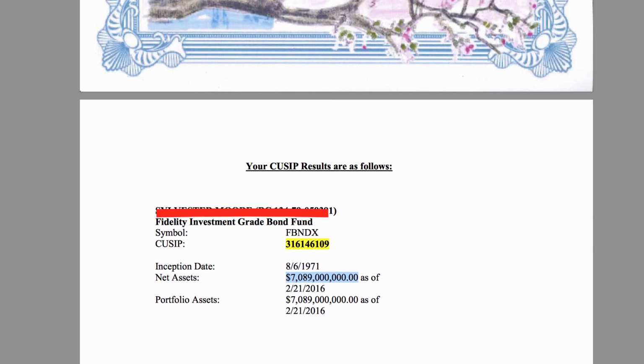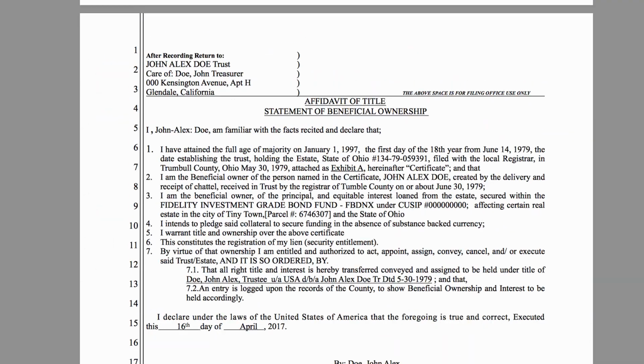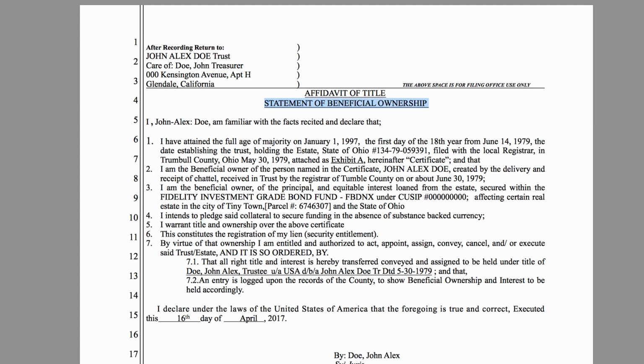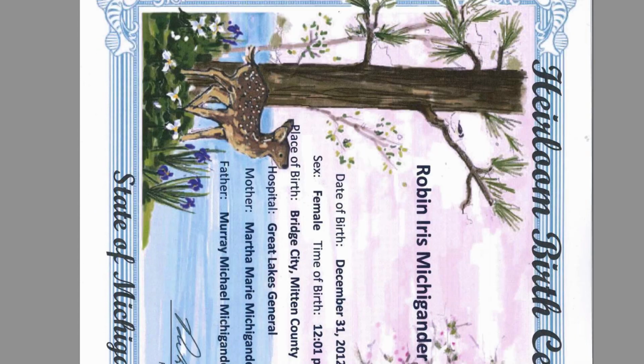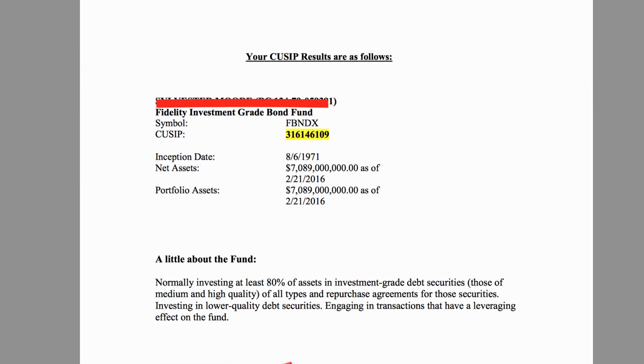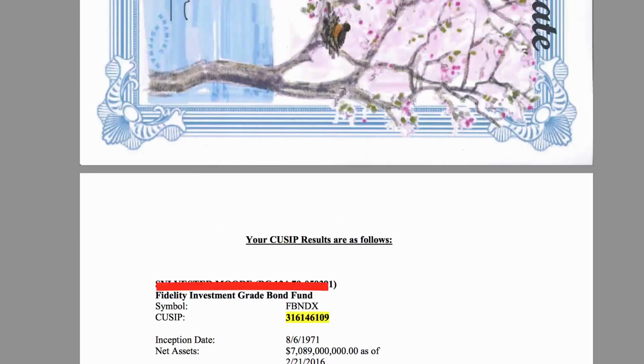So the most that we can get by recording this affidavit of title, affidavit of beneficial ownership, affidavit of title for the county side, statement of beneficial ownership for the securities account private side, the most that we can get out of this is establishing a collateral interest in this fund or in our underlying assets that are creating this fund, indexed to this fund.